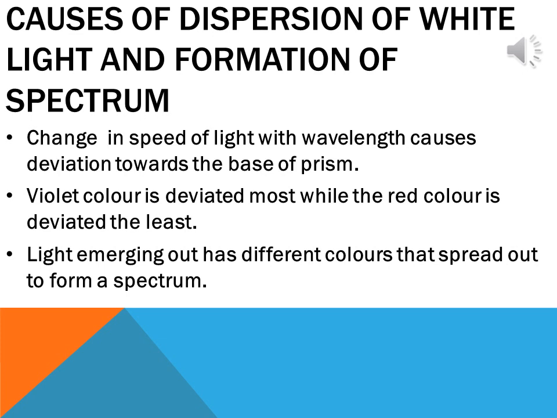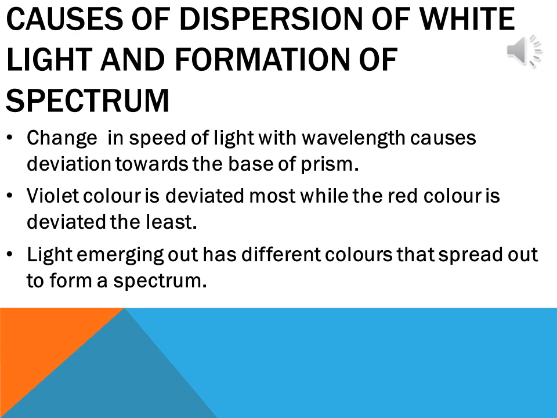That is, the different colors are deviated through different angles. Violet light is deviated the most and red the least. As a result, the colors get further separated on refraction at the second surface. The light emerging out of the prism thus has different colors that spread out to form a spectrum on the screen.